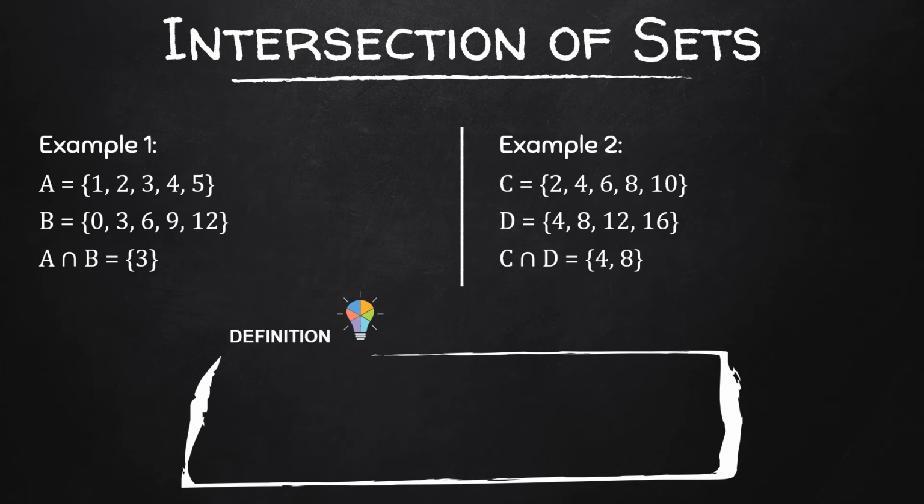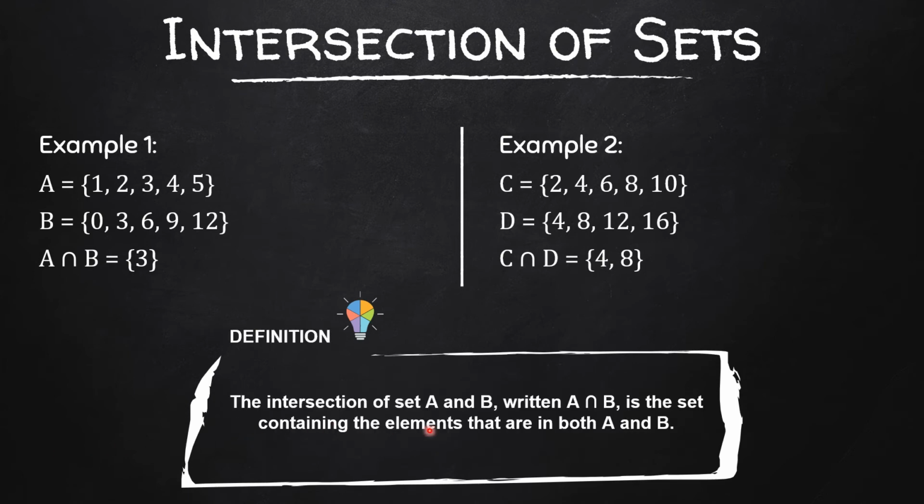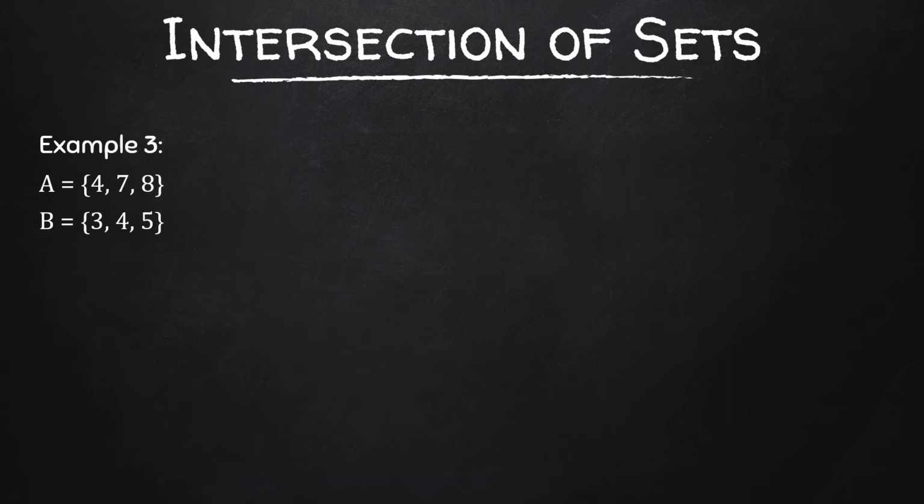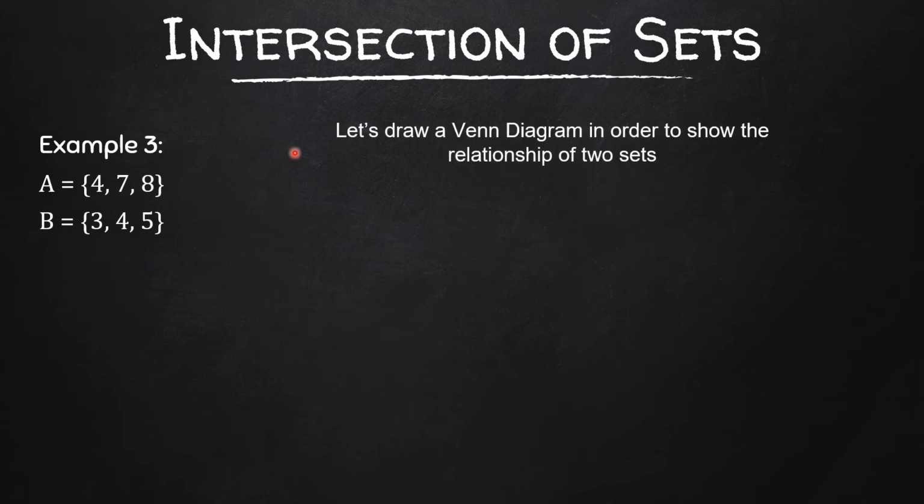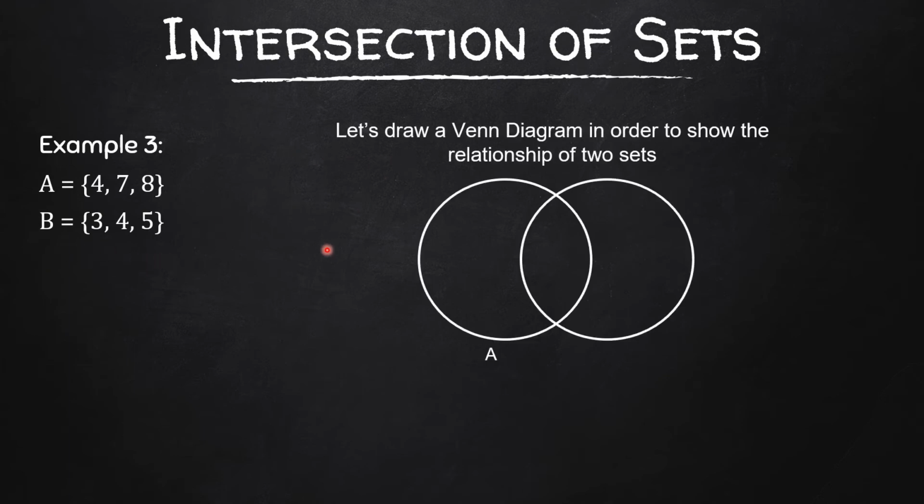Now let's get to the definition. The intersection of sets A and B, written A intersection B, is the set containing the elements that are in both A and B. Let's have another example. These are the given sets A and B and their elements. Now let's draw a Venn diagram in order to show the relationship of two sets.